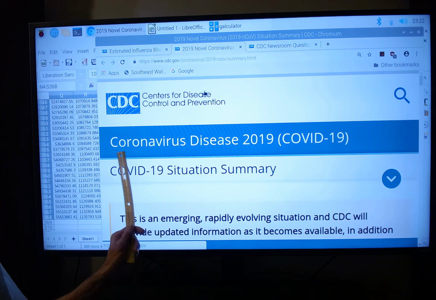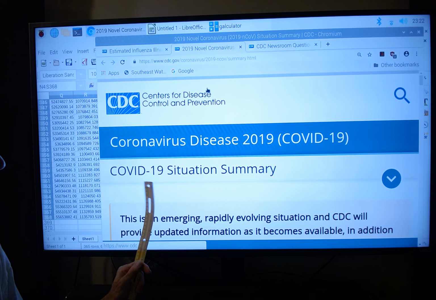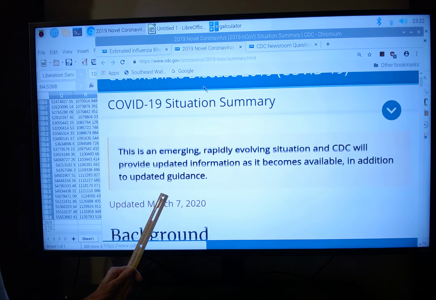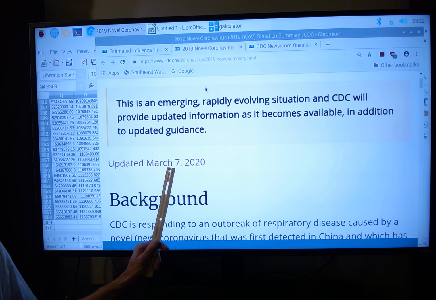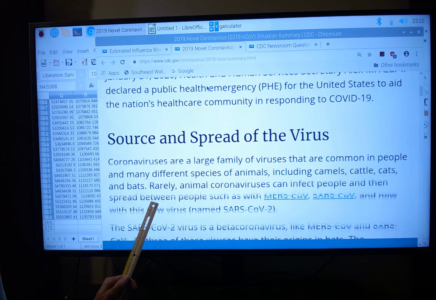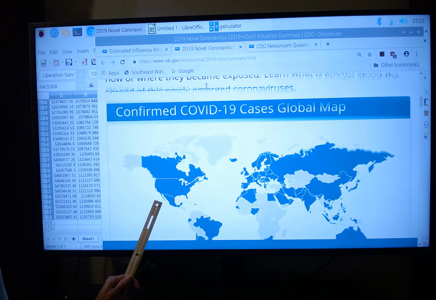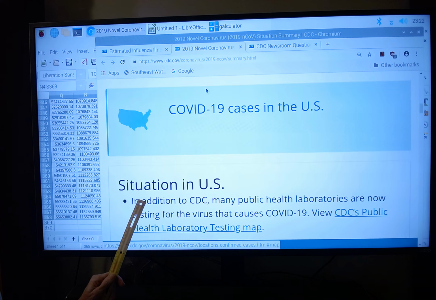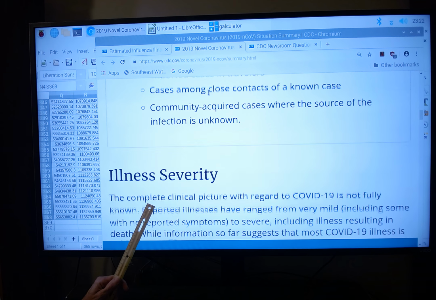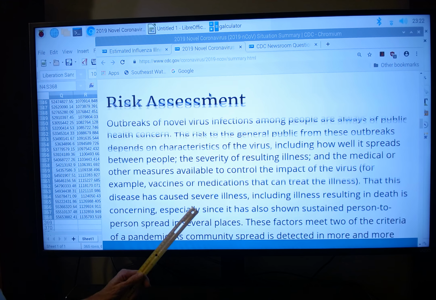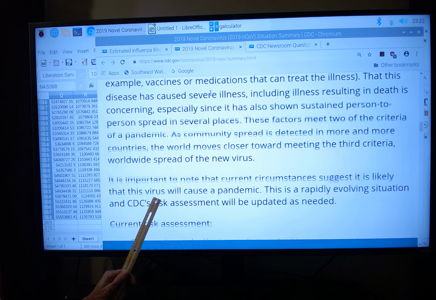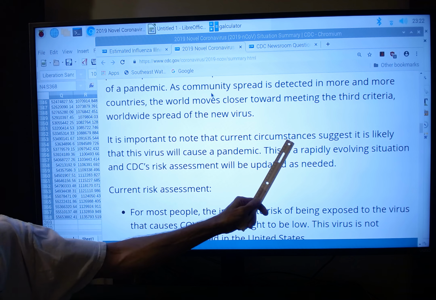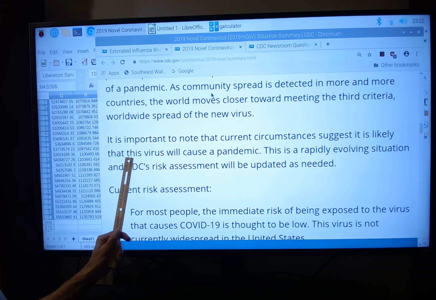I mashed the wrong button. They do have a web page for the coronavirus. It was updated today, and there's a world map of the spread, and then they have a risk assessment. They're thinking the circumstances suggest it is likely that this virus will cause a pandemic.